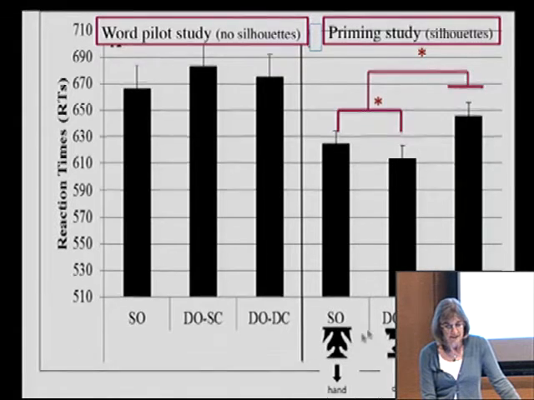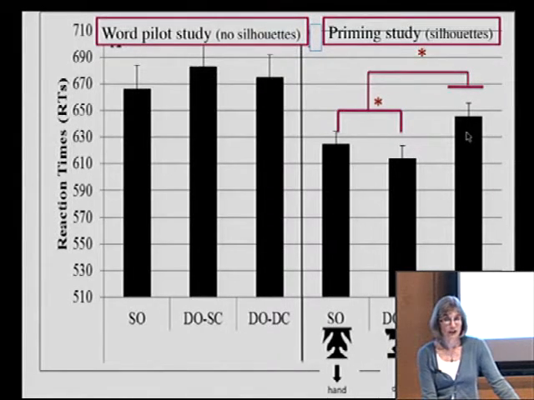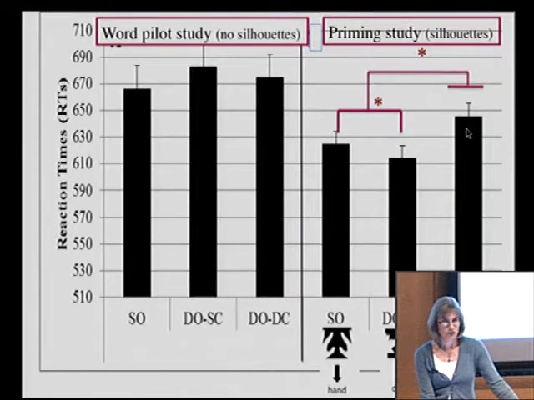And what you can see is that, start here with the different object, different category condition. Those are the longest reaction times. And moreover, those reaction times are not shorter during the experimental study than during the pilot study. There's no statistical difference between those reaction times.